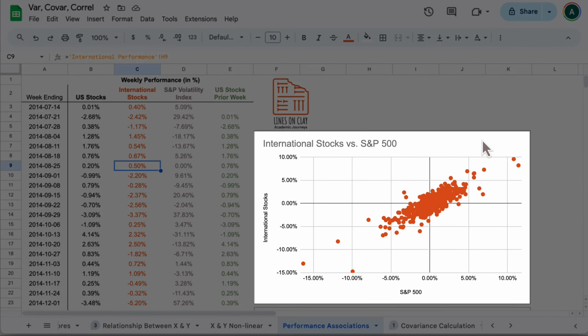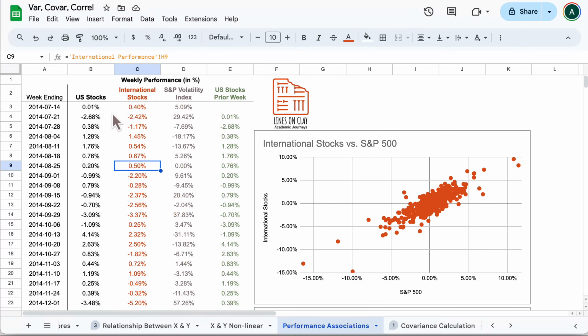All right, we'll look at this formula again in just a moment, but before we do, it's going to make more sense if you understand what's really happening here. We're looking at ordered pairs, right? There's an ordered pair, there's an ordered pair. This is in visual or graphic form, but we also have ordered pairs right here. Here's one data set, U.S. stocks, and here's another data set, international stocks, and I've got an ordered pair, an ordered pair, an ordered pair.